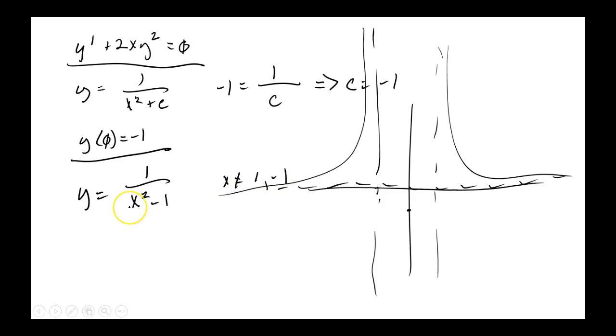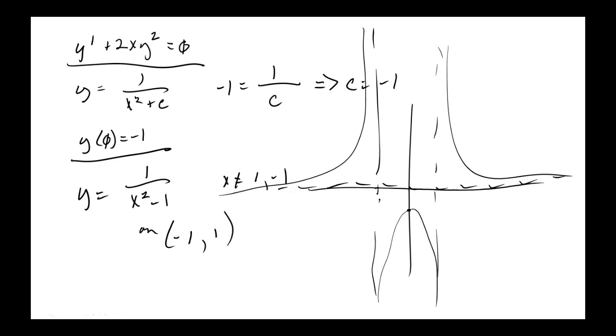And if x is anything between 0 and 1, you're down here, because if you're between minus 1 and 1, x squared is less than 1, so this is going to be a negative number in the denominator, positive in the numerator. So this is only good on minus 1 to 1.